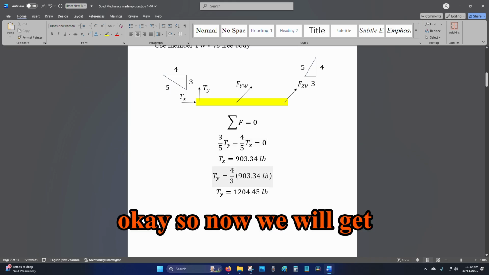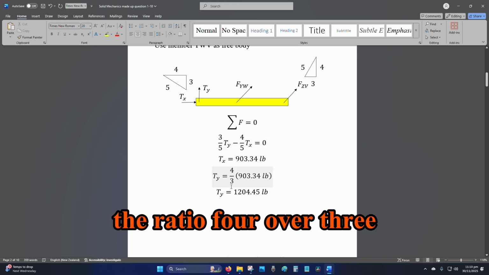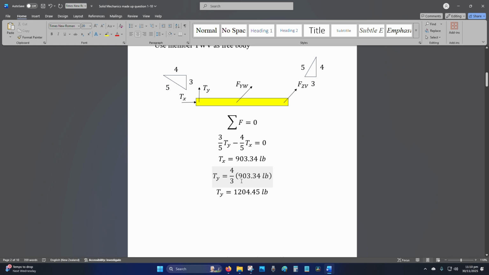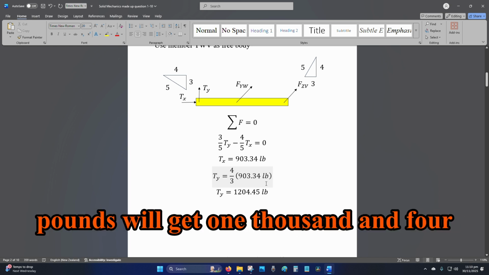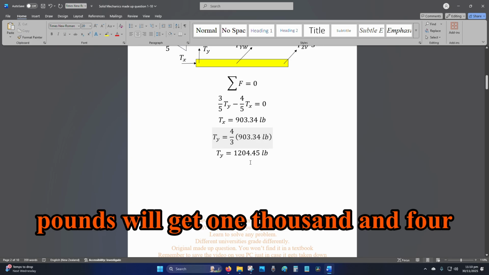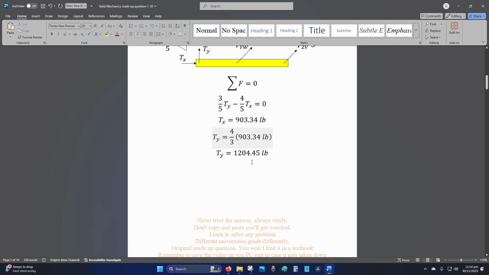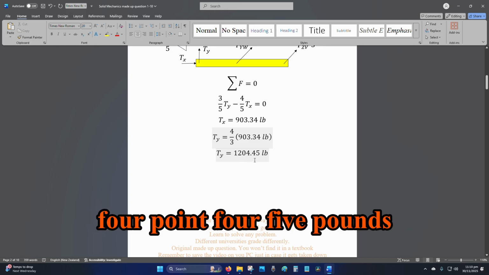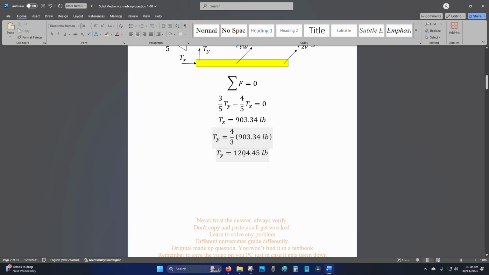Now we will get the ratio 4/3 multiplied by 903.34 pounds. We'll get 1,204.45 pounds.